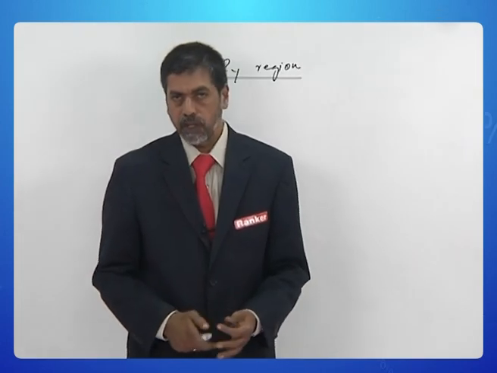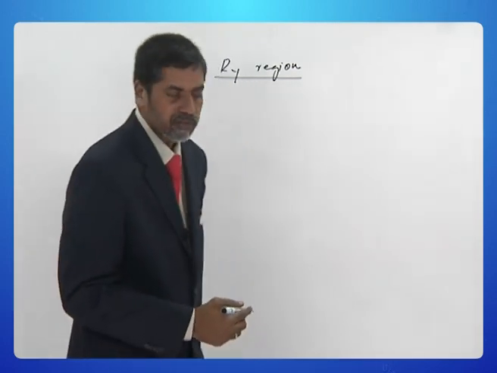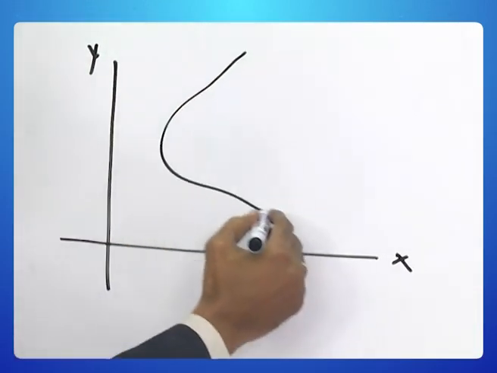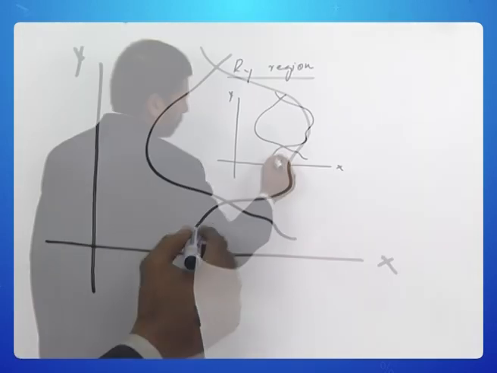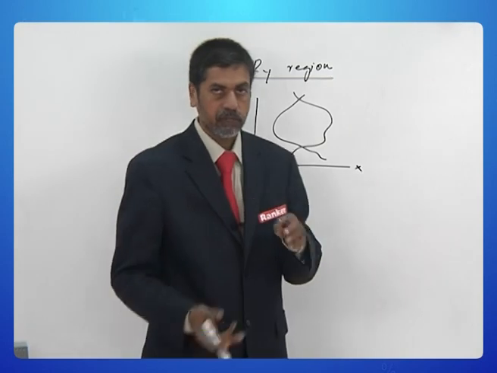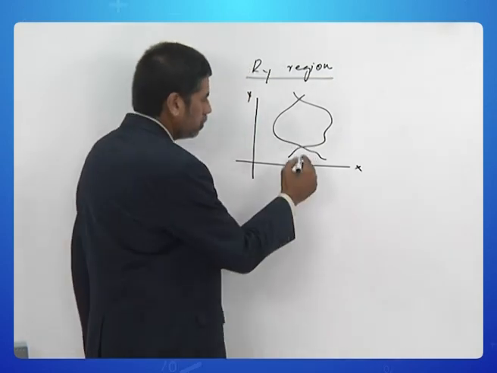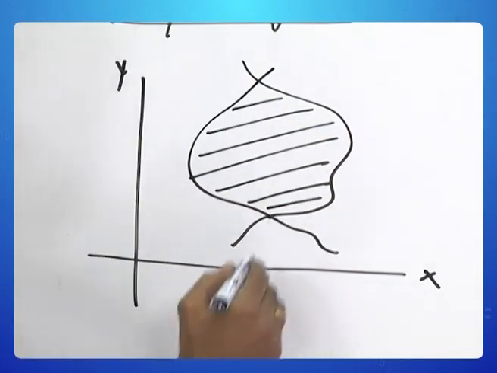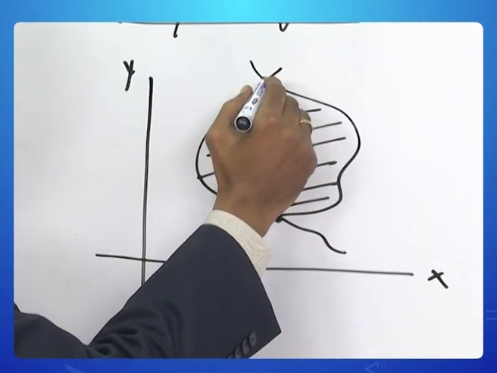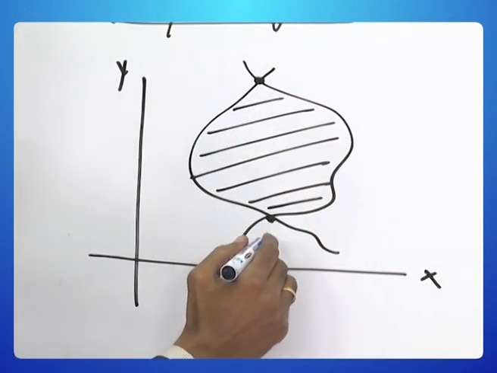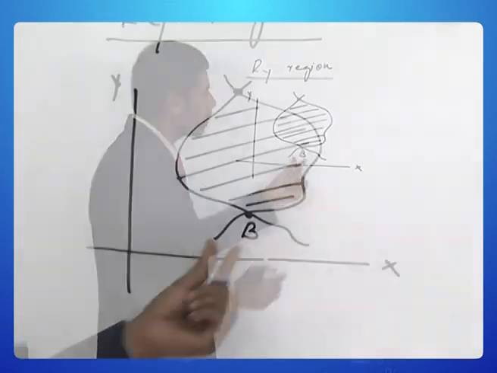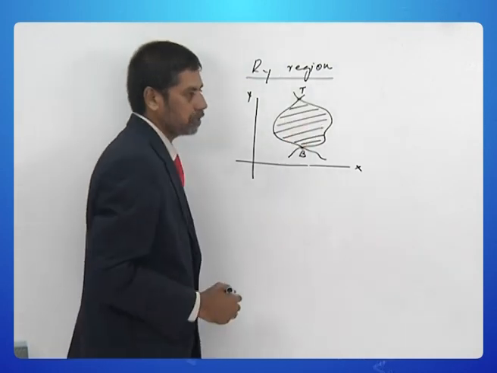Okay friends, in an RY region, we have to basically visualize a situation like this. So there are two curves enclosing a region. Now this region has got this point as the bottommost point, therefore I am calling it as B, and this point as a topmost point.